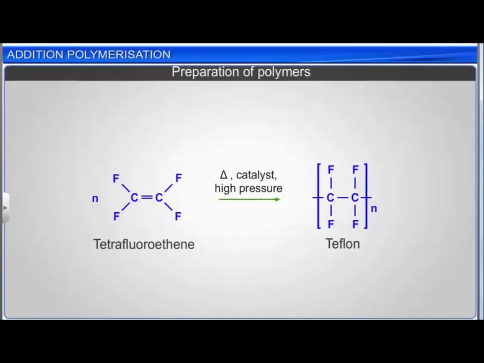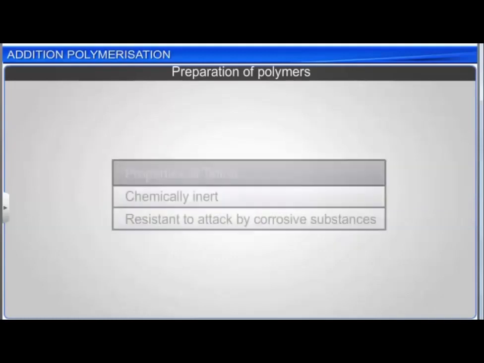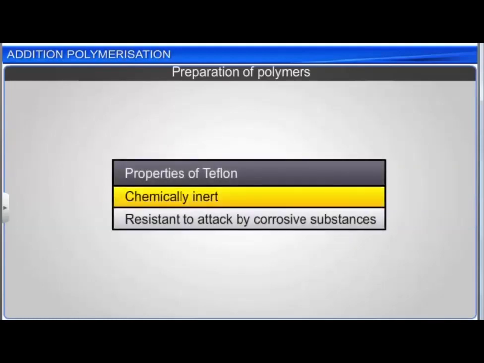Teflon is the trade name for polytetrafluoroethene. To make Teflon, tetrafluoroethene is heated with a free radical or persulfate catalyst at high pressures. Teflon is chemically inert and resistant to attack by corrosive substances.